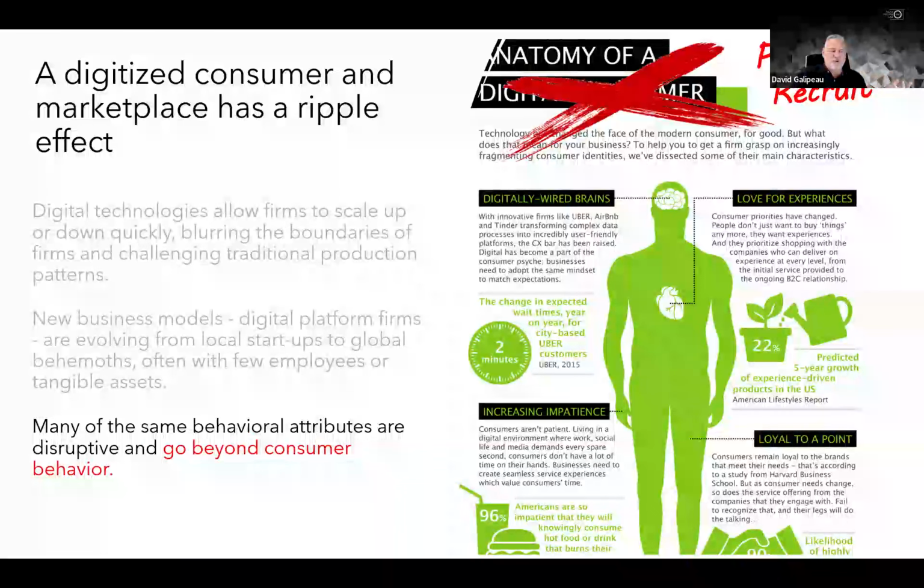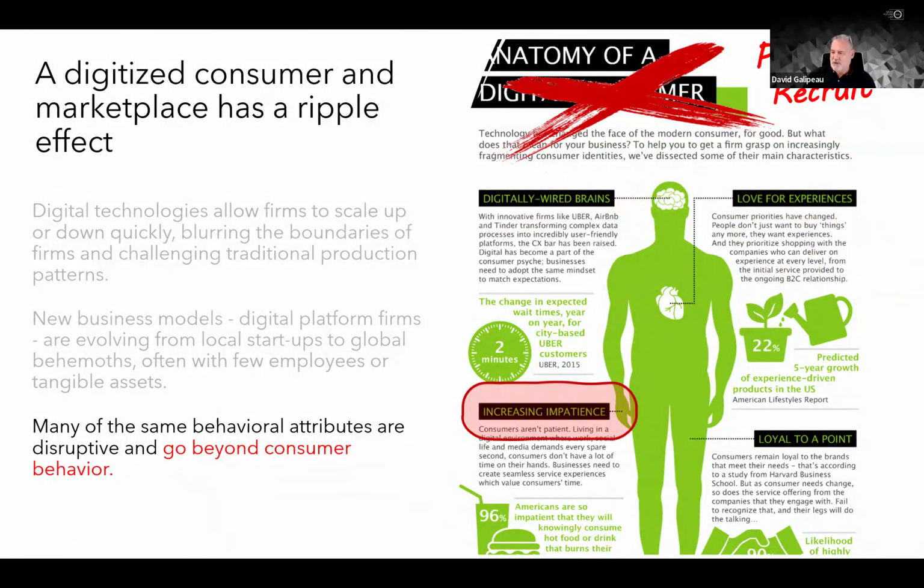So, future of employment: digitally wired brains, really moving away from linear thinking to multidimensional thinking. The love of experiences. And again, when we get to intuition, when we get to talent, how does that create experiences? Experiences are going to be really big in the future. Increasingly impatient. Brand loyalty is down. Things are moving very quickly.